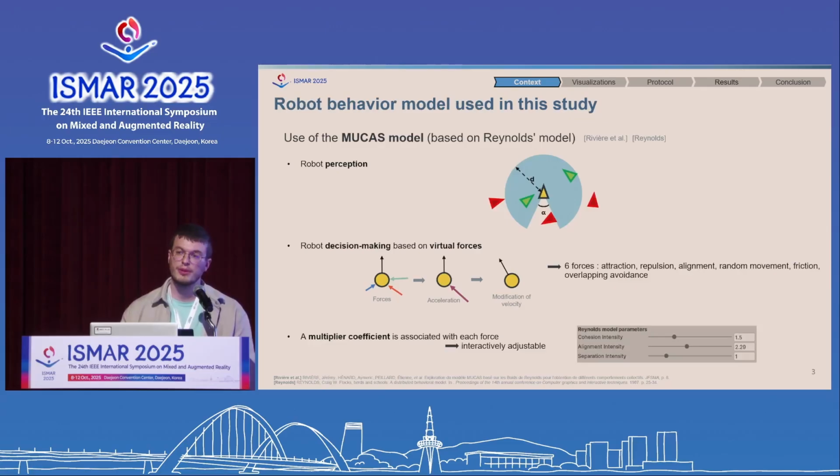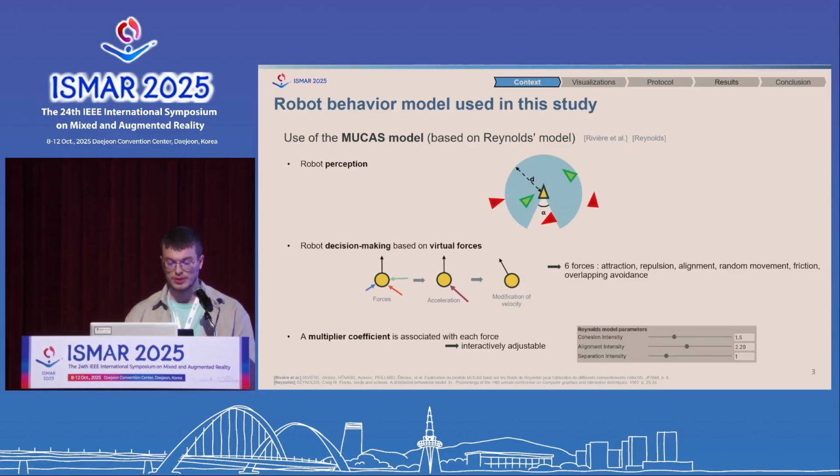In this study, we will use as a behavior of our robots the MECAS model. It has a distance-based perception system with a blind spot at the rear of the robot. Consequently, the robots perceived are in the field of view and the others are outside, so they are not perceived.